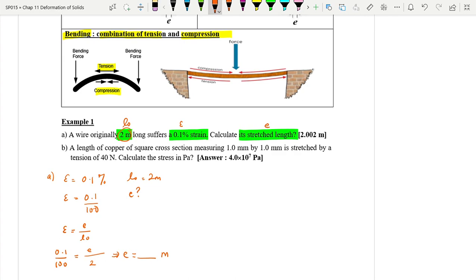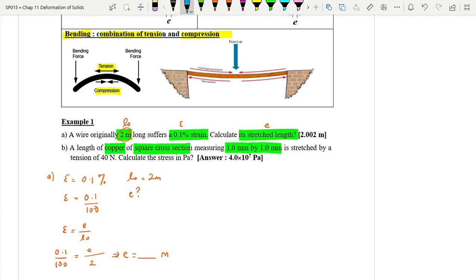Okay, for question B. A length of copper of square cross sectional area. Okay, so dia punya cross sectional area is actually square, and the material is copper, measuring 1.0 millimeter by 1.0 millimeter. So that should be the cross sectional area, square kan.